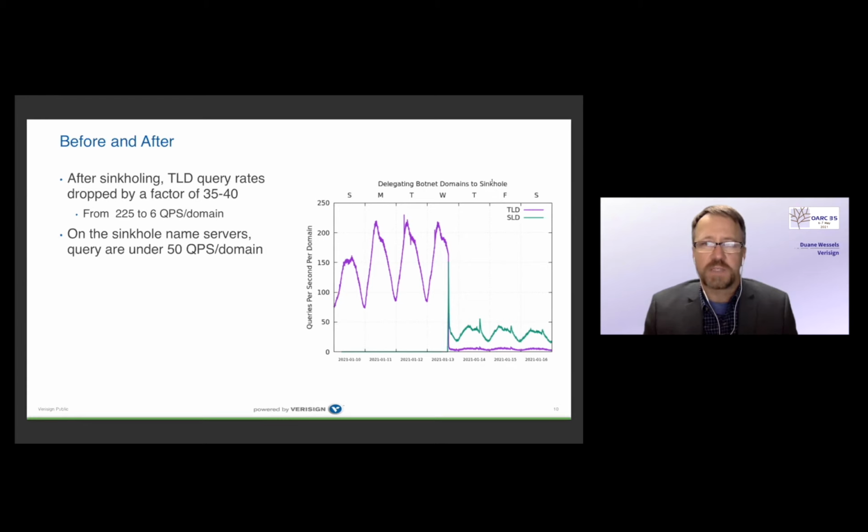And then you can see on Wednesday, these got delegated to the sinkhole, and the TLD traffic dropped from that high rate down to about 6 queries per second per domain. And then the green line, labeled SLD, is the traffic seen at the sinkhole name servers, and it peaks at just under 50 queries per second.